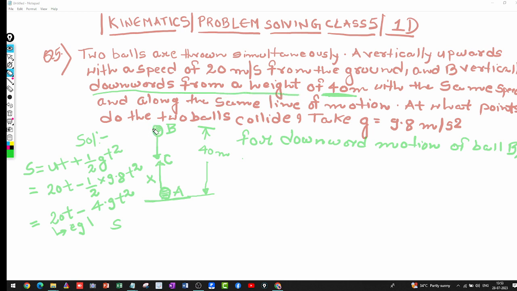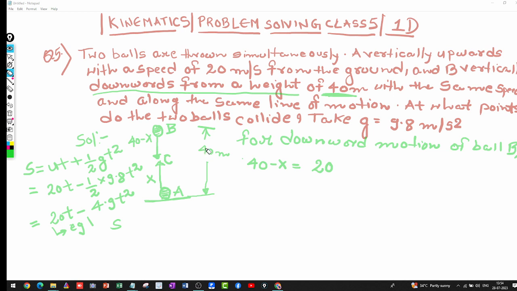So since it is coming downward and this distance is x, the remaining one is 40 minus x, right? So now this is s, which is 40 minus x for downward motion of ball B, equal to 20, which is already given for upward and downward motion along the line.